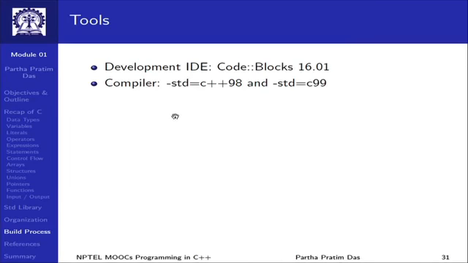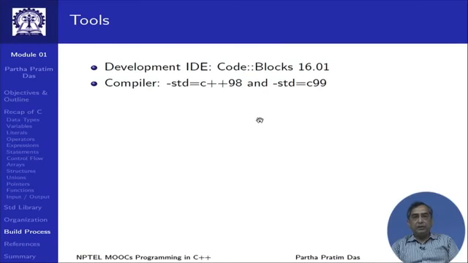In terms of tools, there are multiple IDEs available, like CodeBlocks, Visual Studio, and Eclipse. We advise that you use an IDE which is open source, typically CodeBlocks or Eclipse, and whatever IDE you are using, you specify the standard, like C99 is a standard that you are using.